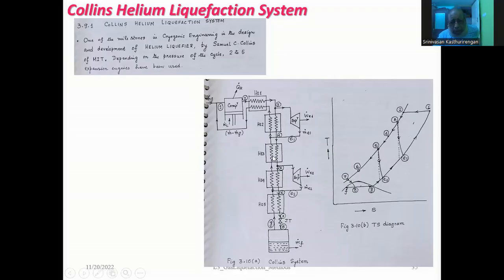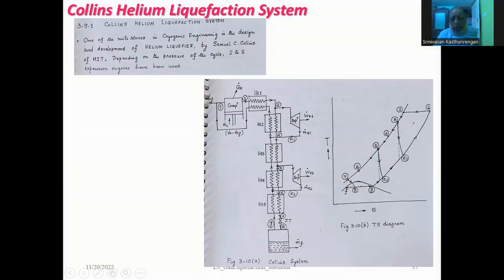Between HE1 and HE3, you introduce expansion engine 1. Between HE3 and HE5, you introduce expansion engine 2. As in the case of the Claude system, the expanded gas, which is cold, is returned along with the opposite stream so that the return stream can cool the incoming stream by the process.